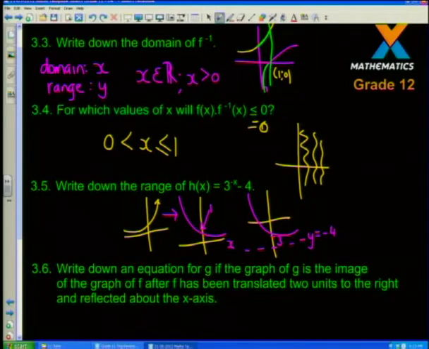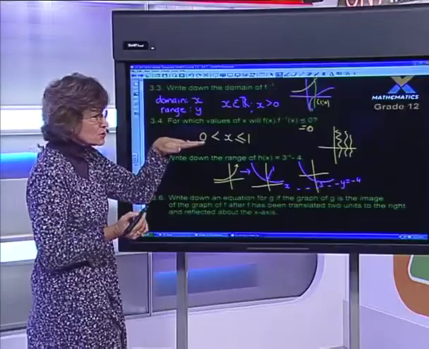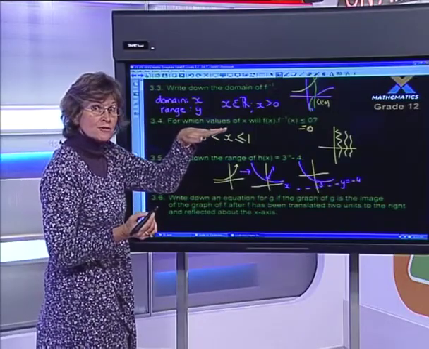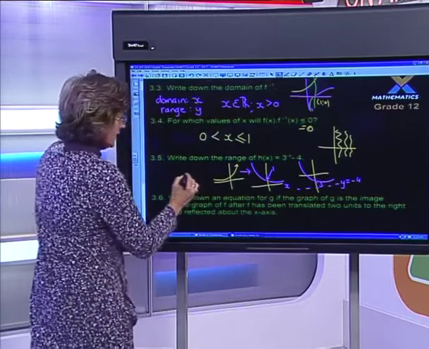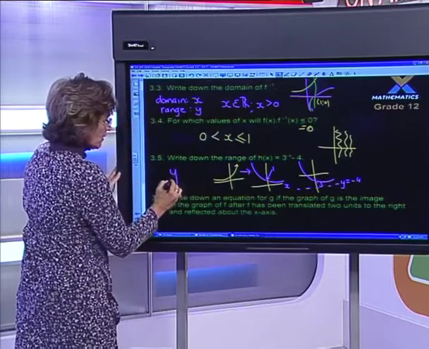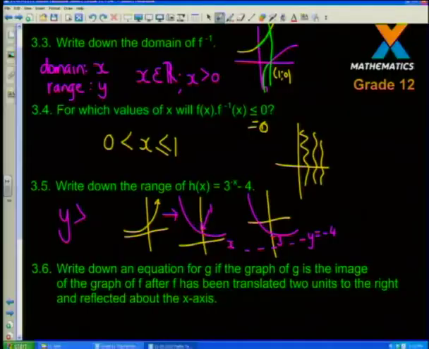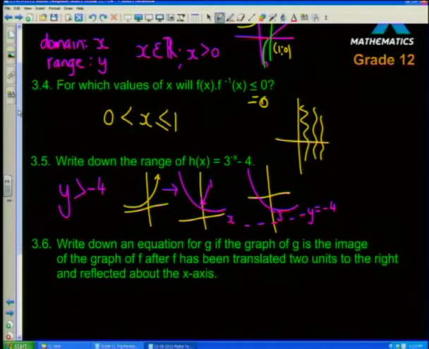So the line y equals minus 4 is going to be an asymptote. Now we want the range. So where is this exponential graph lying? Can you see that it's going to be lying y above minus 4, not equal to minus 4? It will never ever touch that line, just like the original never ever touched the x-axis. Hopefully that explanation is clear.